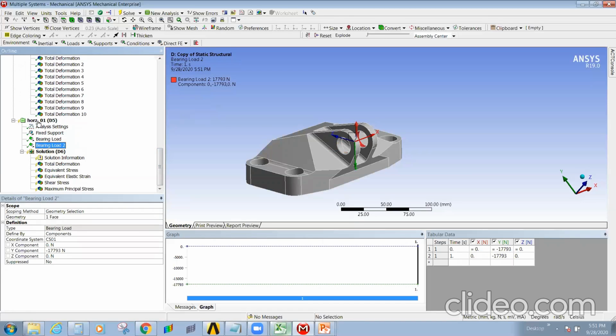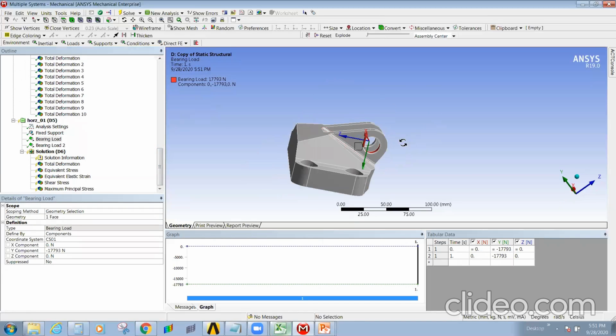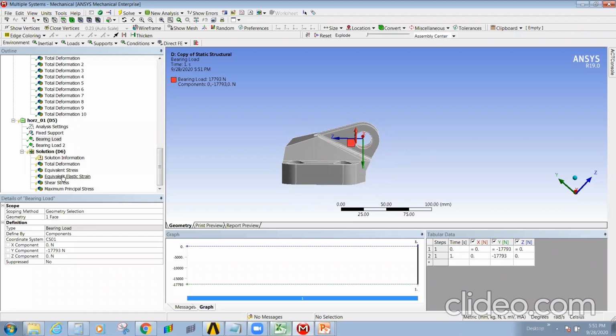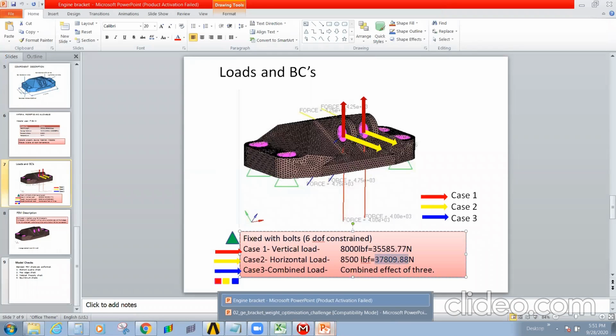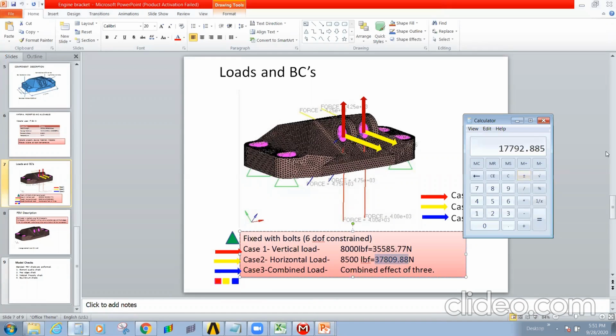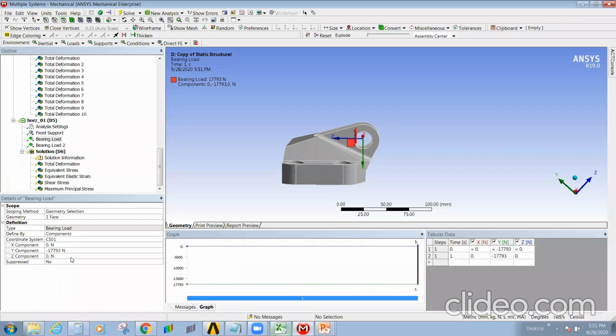Now you have taken the horizontal, you need to apply this in the horizontal direction, that is your negative z direction. So in the negative z direction, what is the value we need to add? That is 3708.88, divide by 2, so 18904.94 will be applied in the negative z direction, and your x direction component will be made 0.